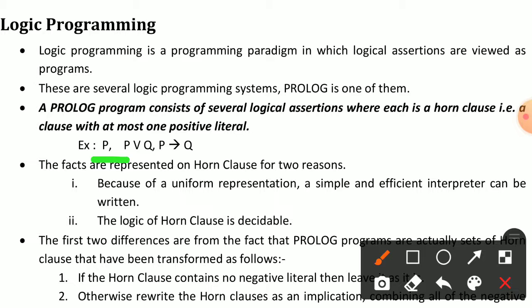The second reason is that the logic of Horn clauses is decidable. We can use the logic for different clauses, and we can declare the clauses.